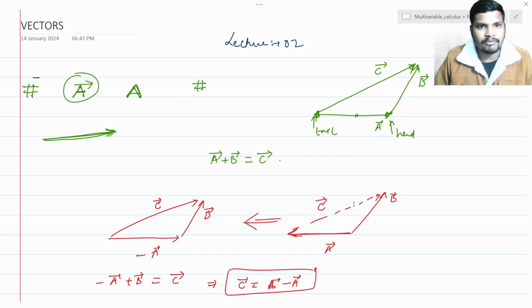So again, this is a little bit more rigorous and more mathematical approach to understand the vectors that you have already studied in class 11th and 12th. I hope this lecture gives you some insight to understand vectors from a different perspective.